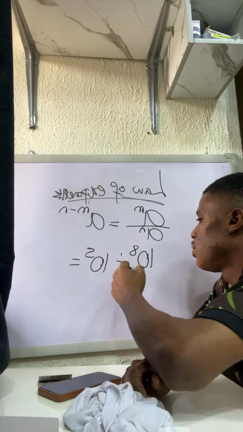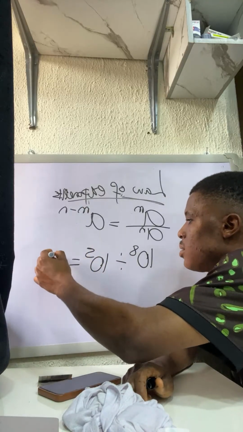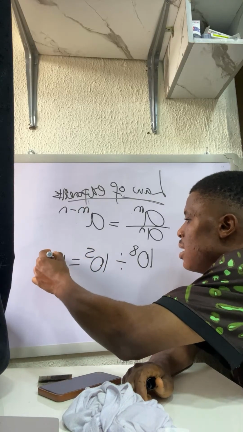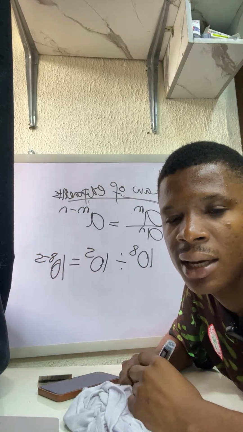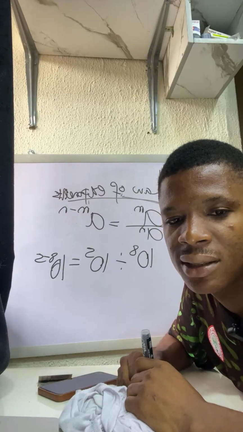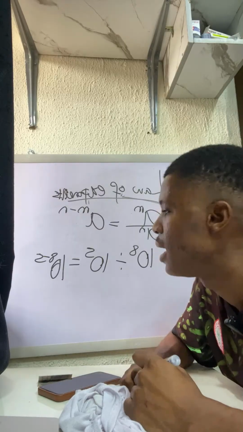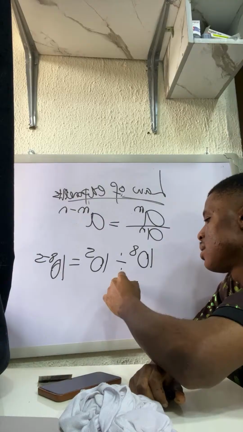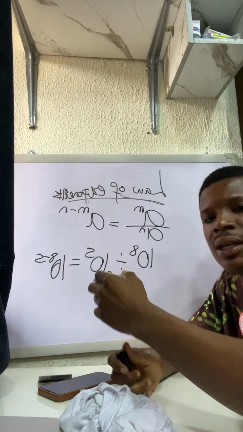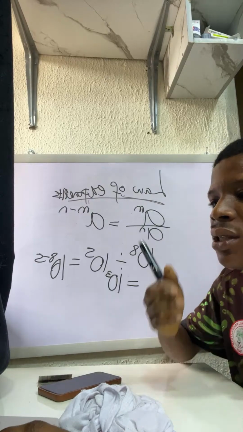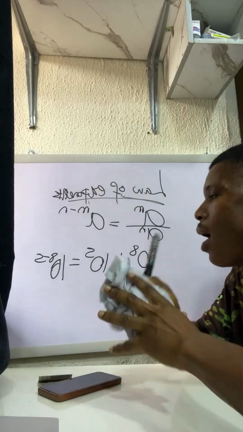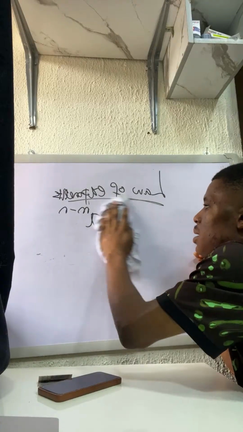Keep the base the same, then subtract the powers, so you have 8 minus 5. What is 8 minus 5? 8 minus 5 is 3. So the answer is 10 to the power of 3. This is very, very simple. This is how we subtract powers.